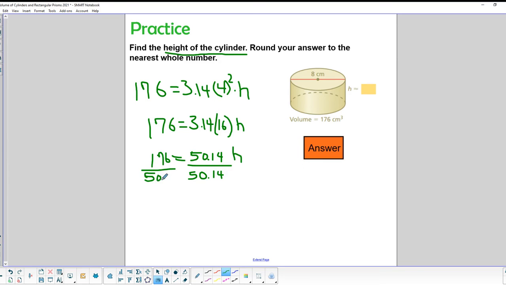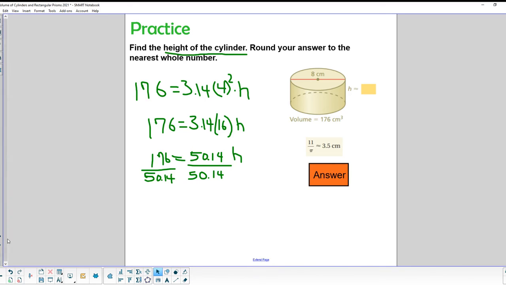So divide by 50.14. I'm going through this kind of slow. I don't want to go too fast, to make sure that you can get it. But when you divide that, you end up with a number that is approximately 3.5. Okay. All right, so what do we do next?